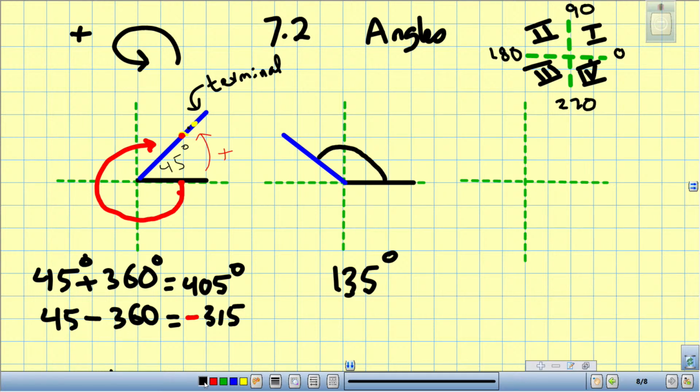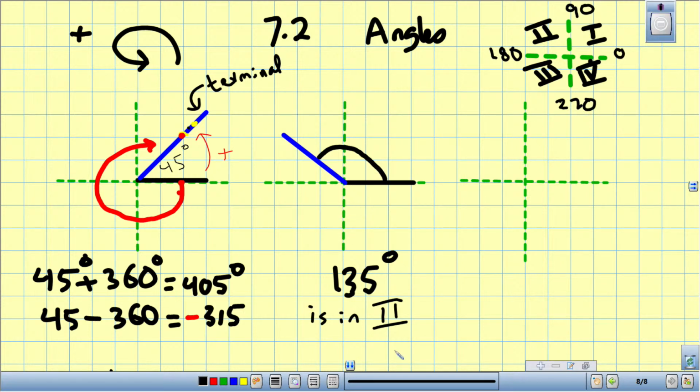So 135 is in the second quadrant. We said 260, right? Yeah, you're right. It would be here. It has to be less than 270, so it has to be in the third quadrant.